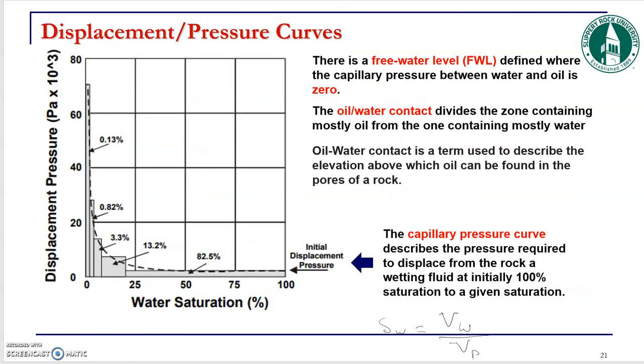So if you look at this picture, you see that until you reach this minimum displacement pressure, your water saturation does not change. It stays 100%. Once your pressure increases to 2.8, then you will lose 82.5% of your water saturation, and you will get to this point.